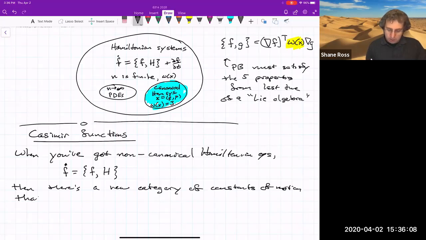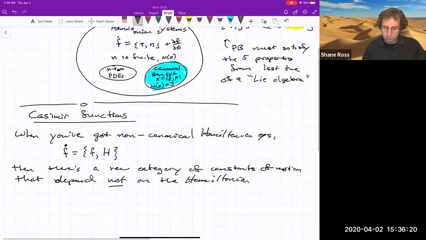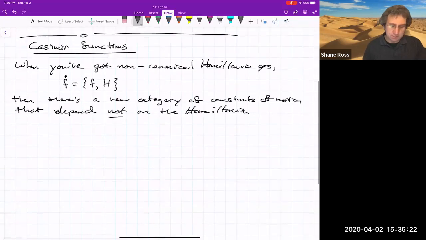That depend not on the Hamiltonian, which is kind of interesting because the Hamiltonian is what gives rise to the dynamics, right? But these depend not on the Hamiltonian function h, but on the Poisson bracket itself.